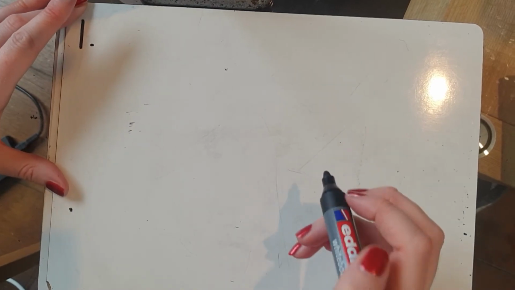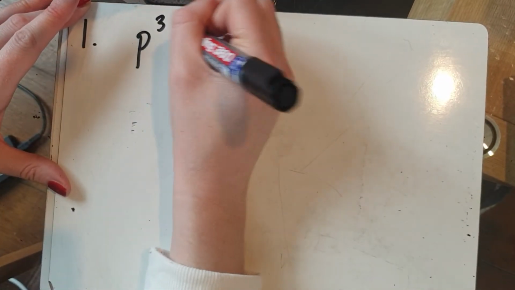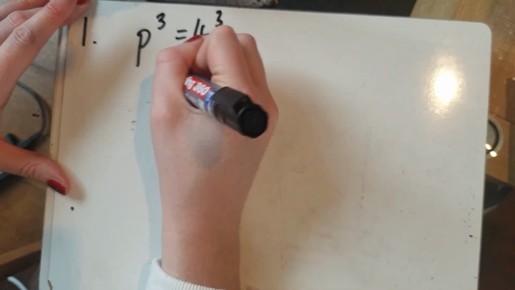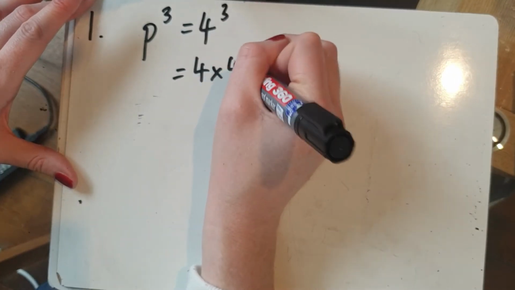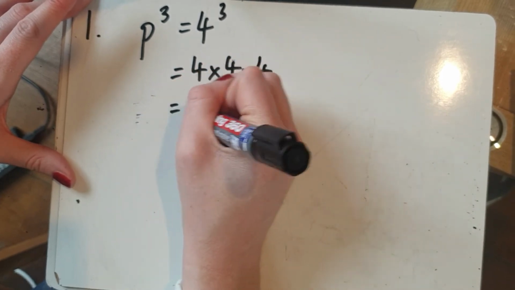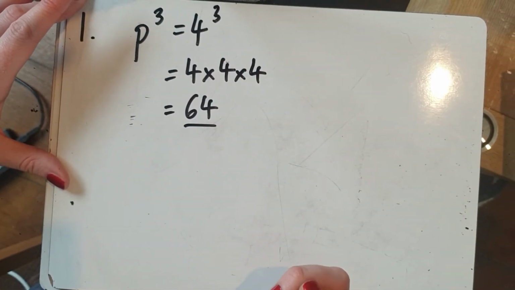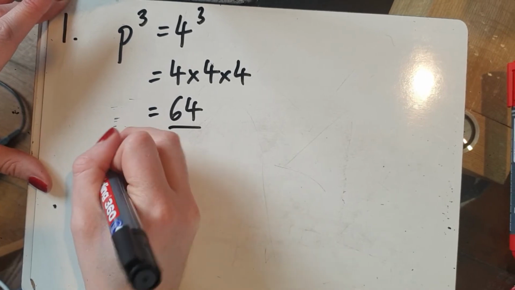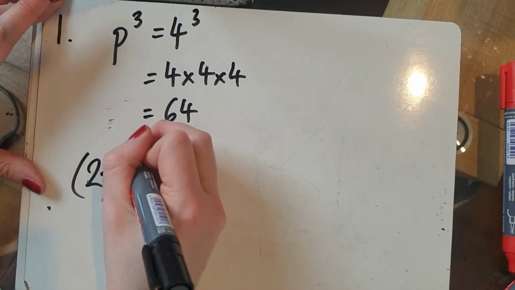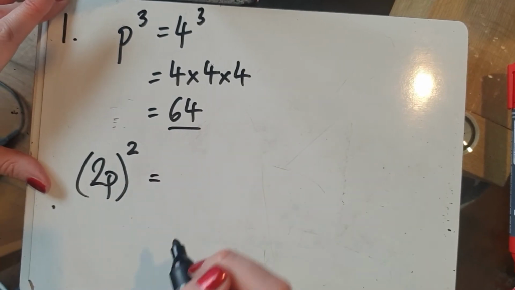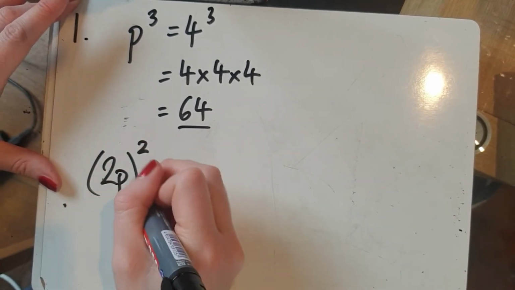Second row on the first question, p cubed is 4 cubed, which is 4 times 4 times 4, and that is 64. 2p, now this is different because this is 2p in brackets squared, and order of operations means we have to do the brackets first.